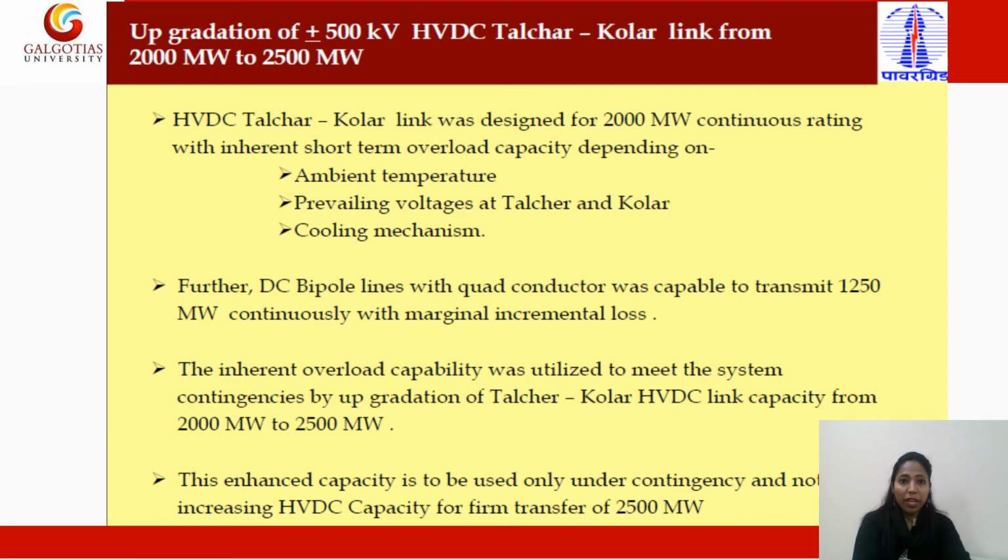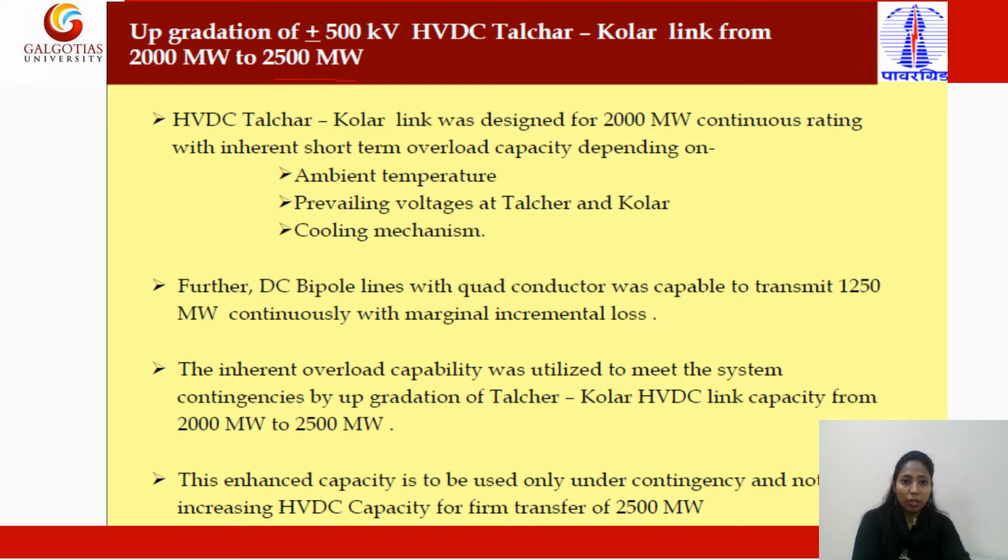Now the upgradation. Till now we were having the plus minus 500 kV HVDC system. Now there is an upgradation of the plus minus 500 kV HVDC Talcher Kolar link from 2000 megawatt to 2500 megawatt. In the same project the power was increased from 2000 megawatt to 2500 megawatt.